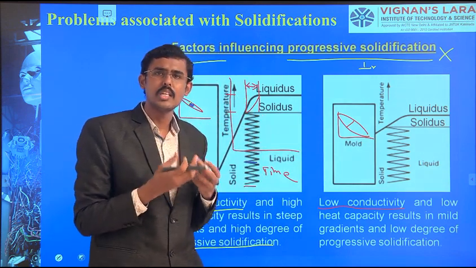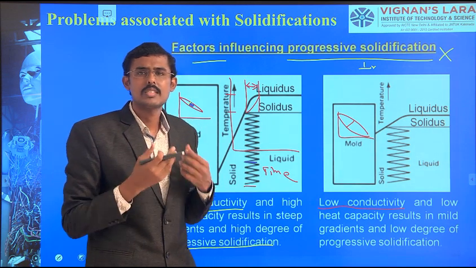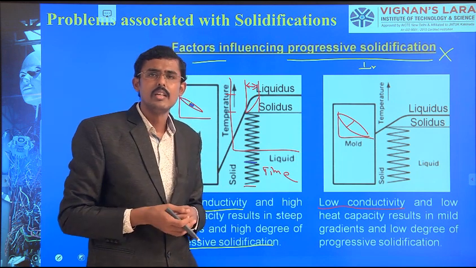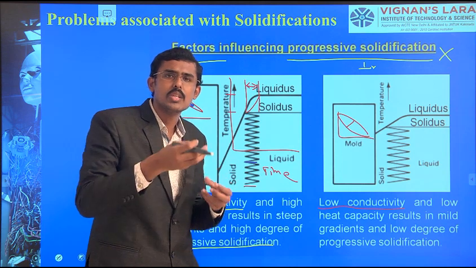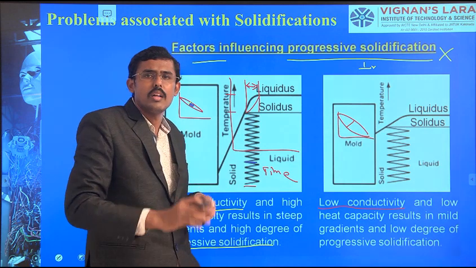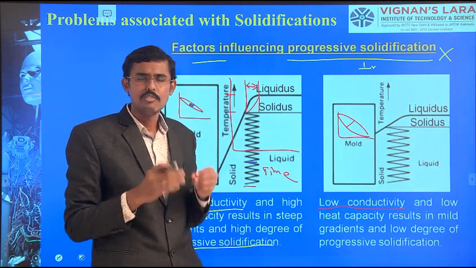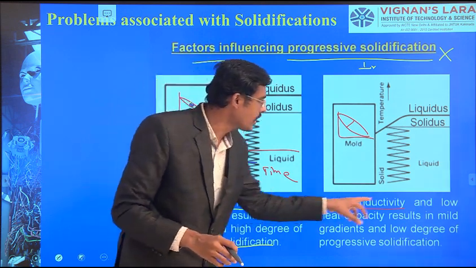A conducting material dissipates the heat immediately, but a low conducting material conducts and dissipates the heat very slowly. It means the corners and surfaces at the borders won't be quickly solidified. Therefore, directional solidification occurs in the low conducting material.